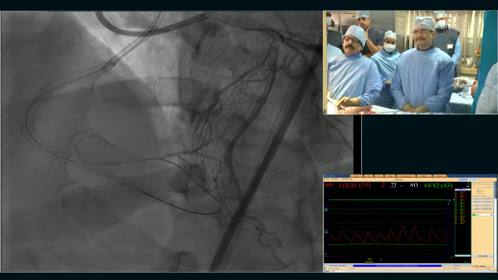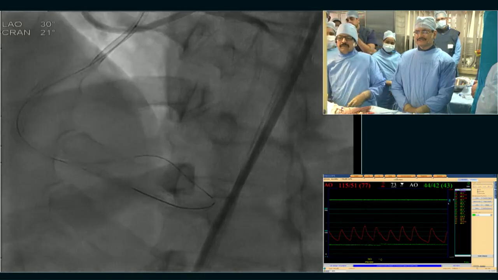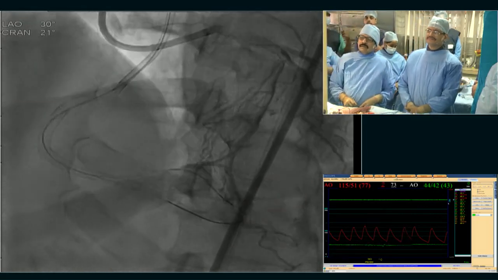Please check the cine. Yes, it is in that position, it is in the PLV. Yeah, perfect.